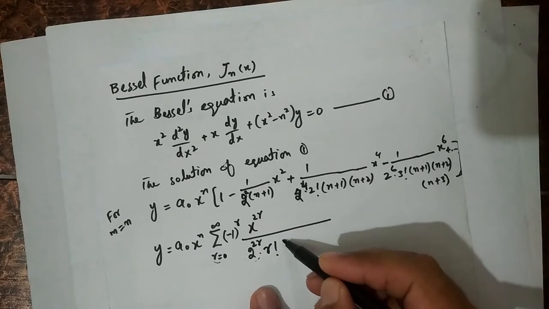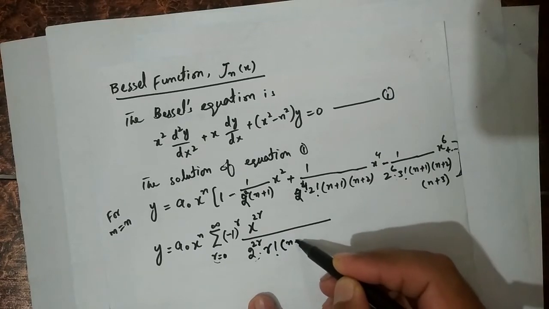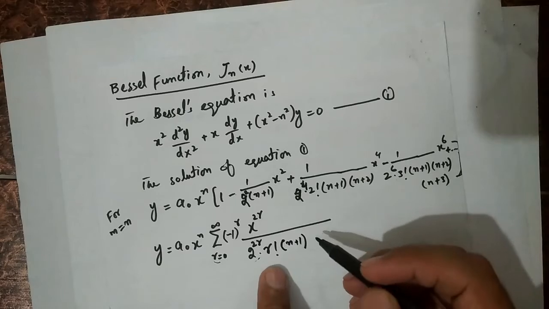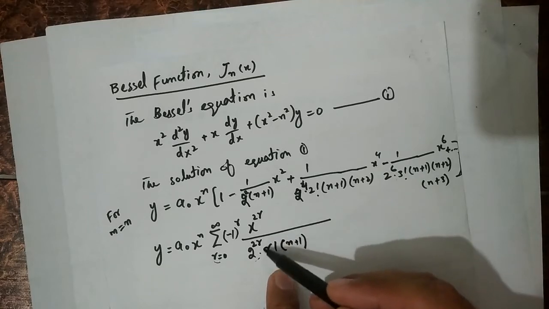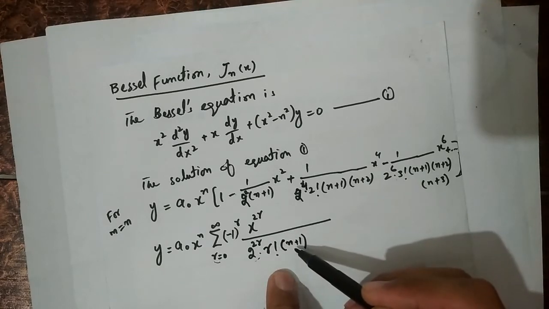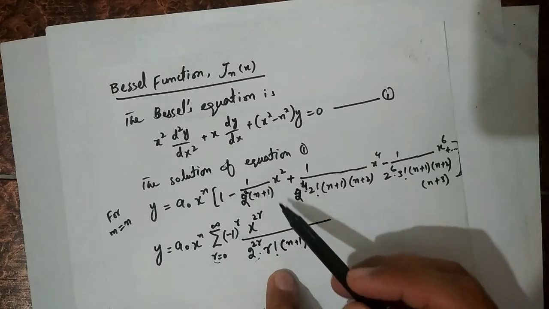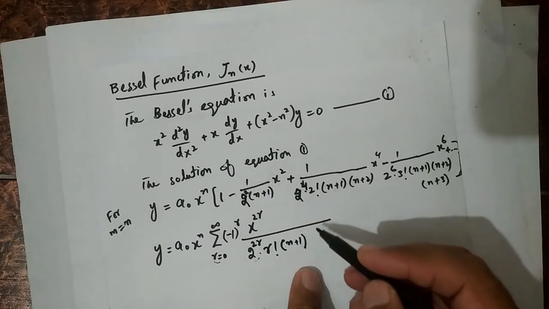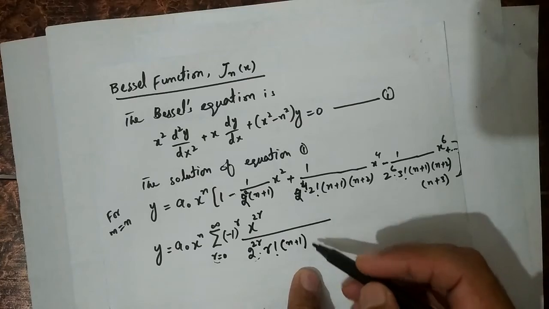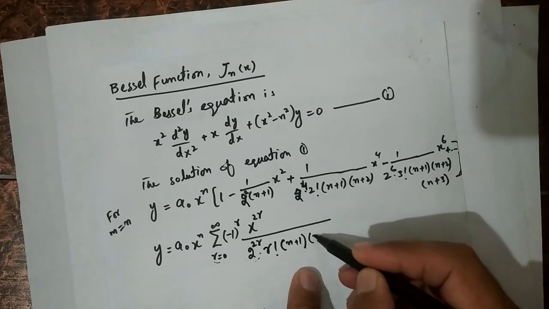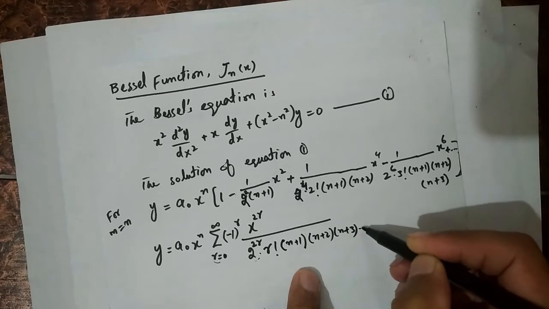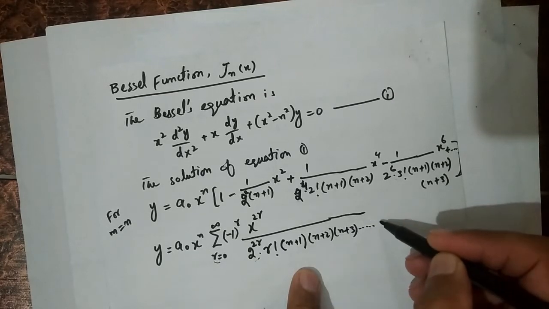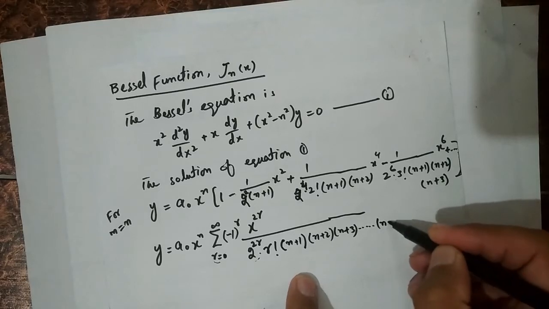So we can write it as n plus 1 into, when r equals 0, this whole term will give us 1. Clear? And similarly for the next term, n plus 2 into n plus 3 dot dot dot up to n plus r.